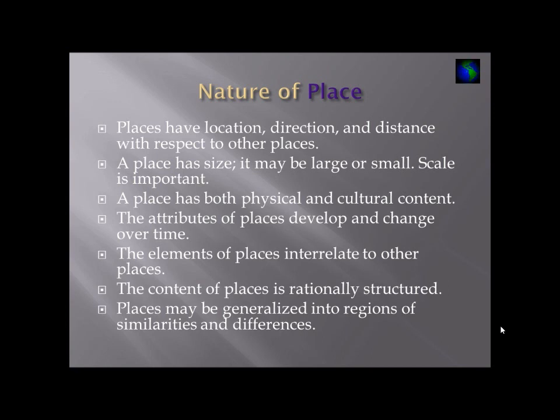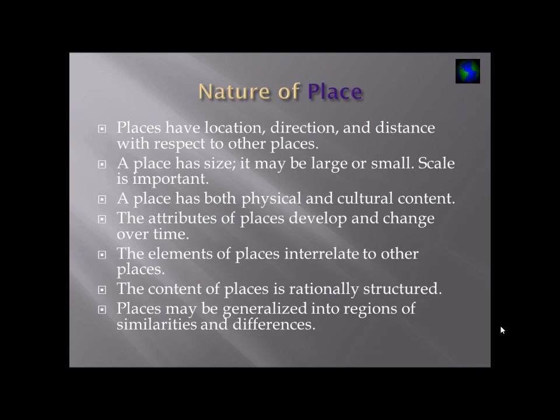The elements of places interrelate to other places. So, Montgomery as a place is interrelated to Birmingham. There are goods and perhaps services that you can't get in Montgomery that you could get. You'd have to go to Birmingham to get them, or at least have someone from Birmingham come here to accomplish whatever it is you needed to be accomplished.